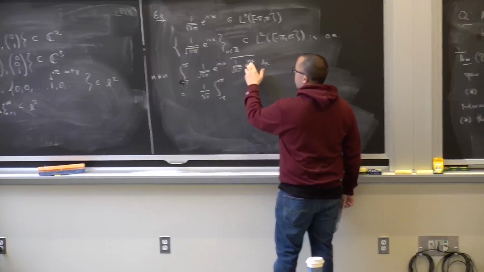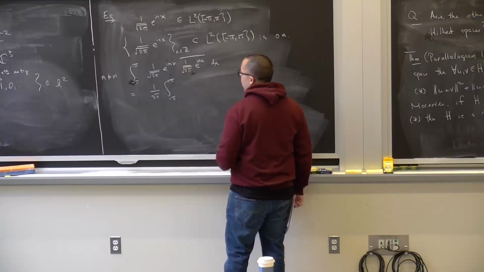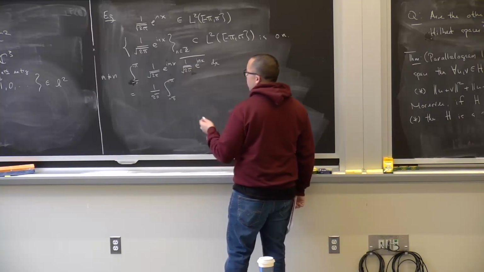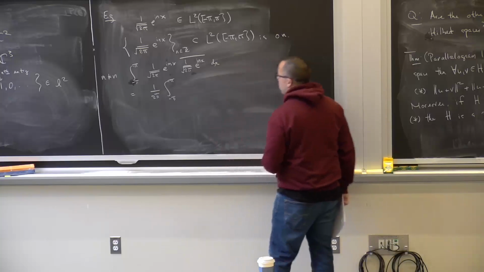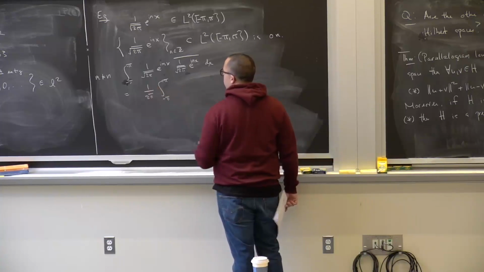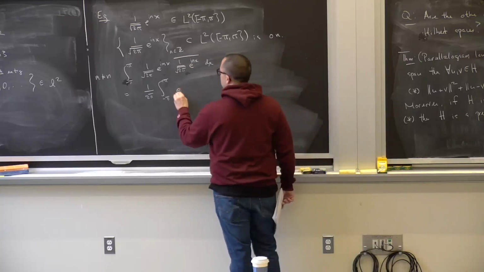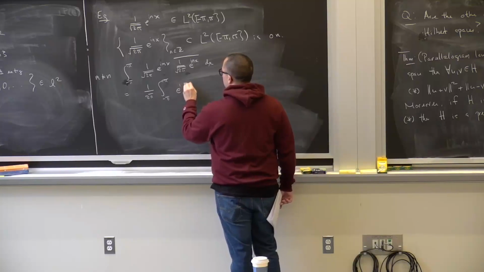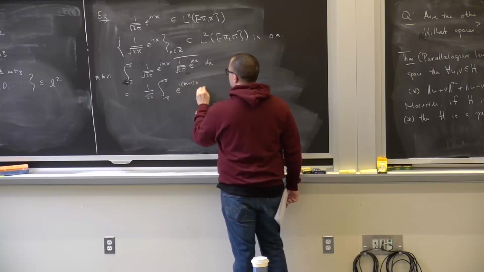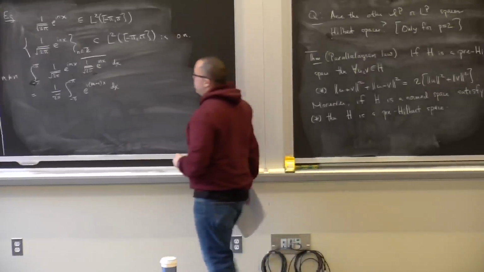Now, if m equals n, then I just get the length of e to the I m x squared. The length of e to the I m x is 1, and therefore I would just get 1 here, dx over 2 pi, which gives me 1. But now they're not equal, so I get e to the I m minus n x dx.